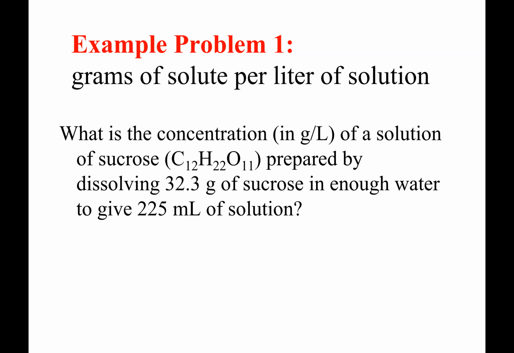And even, you have to make a picture. You don't have to, but I think it's nice. Okay, so if you read this a few times, it says, and let's not make it more complicated than it needs to be, 32.3 grams of sucrose, and the formula for sucrose is given, I'm going to add it, and my total solution volume will be 225 milliliters of solution.